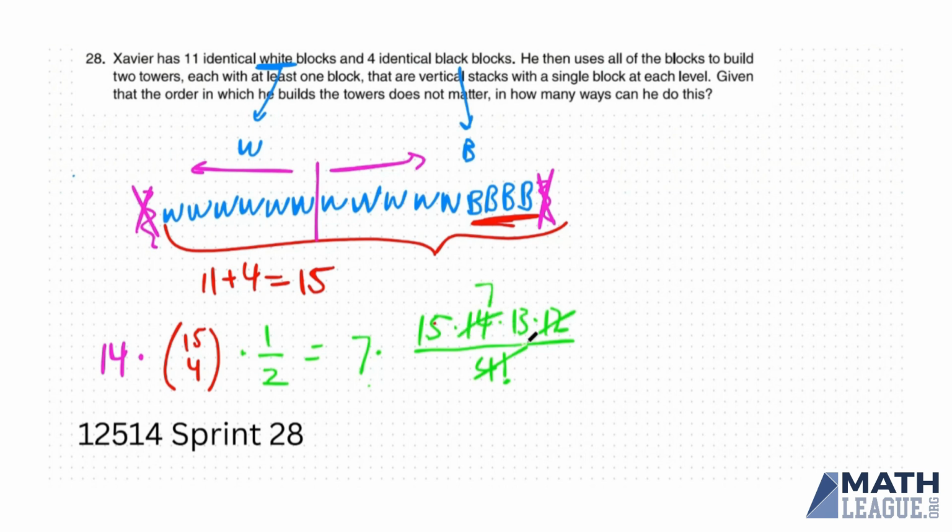And if we cancel all that out, we get 91 times 105, which will come out as 9,555. Let me check that real quick. Yes. And so the number of ways in which Xavier can build his towers is 9,555, and that is our answer to this problem. I hope that was helpful, and thank you for watching this video.